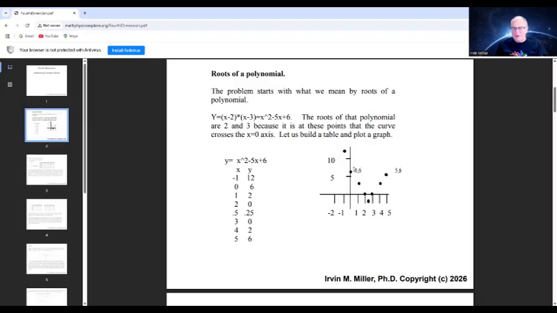We get to realize that the more points we plot, the more dense this will become, and it will look like a continuous curve. In this case, one of the things we notice, the graph crosses twice. And we're told that if it's a second order polynomial, that's what we should expect.